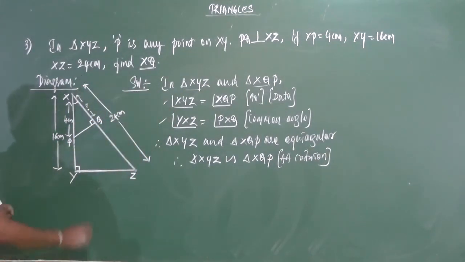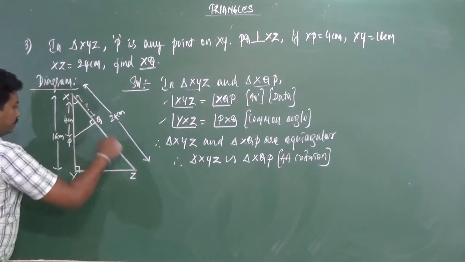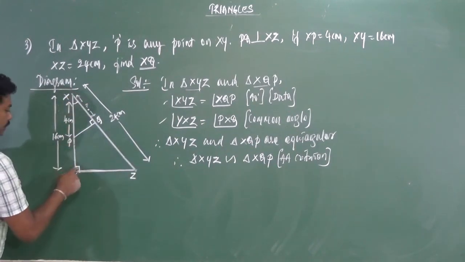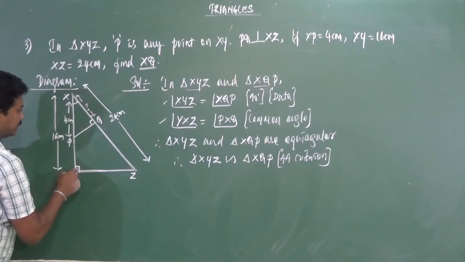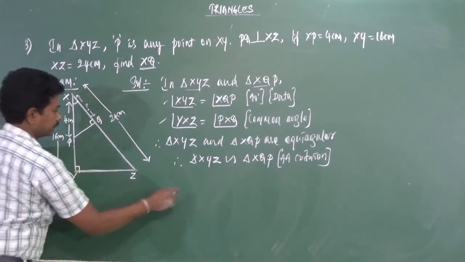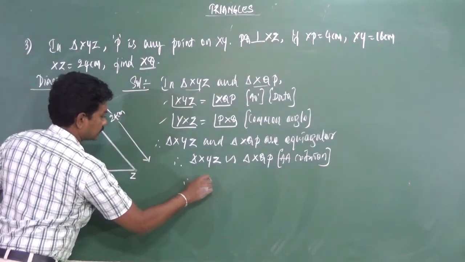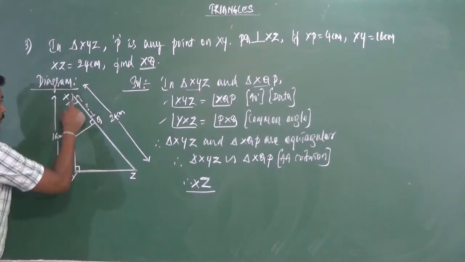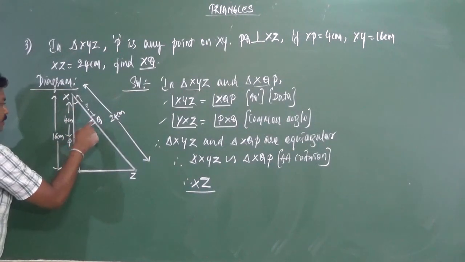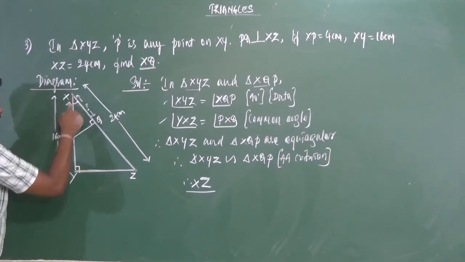Very important. In the bigger triangle, the side opposite to the 90 degrees is XZ. So XZ by, in the smaller triangle, this is 90 degrees, opposite to that is XP.